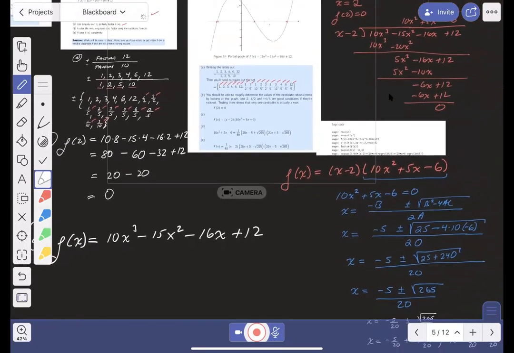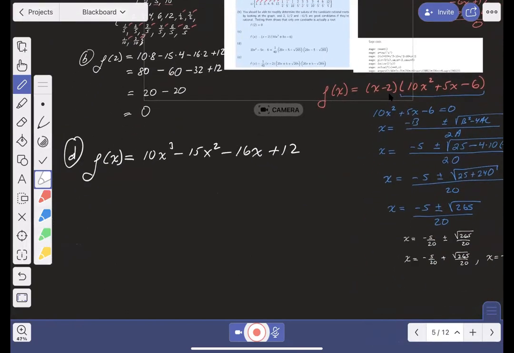Now, what do I know about this? I know one of its roots is 2, right? So I can write that down. So I'm going to say x minus 2. By the way, I know 2 other roots, and they're on the side over there. So I'll write this over here. So it's x minus those numbers.